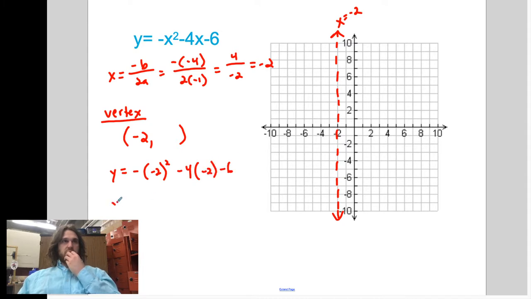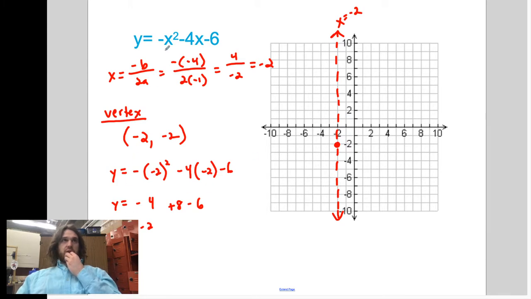All right, let's do this thing. Negative 2 squared is 4, so it's negative 4 plus 8 minus 6. So that is going to be negative 2 if I'm not mistaken. So negative 2 is our vertex.